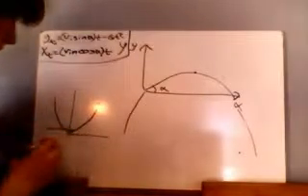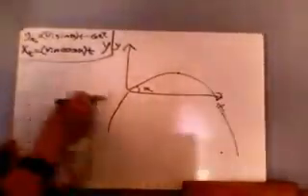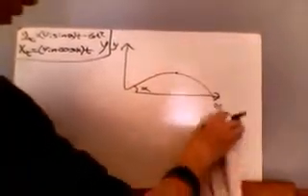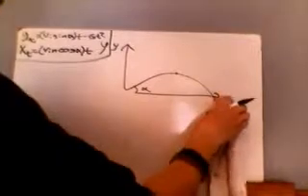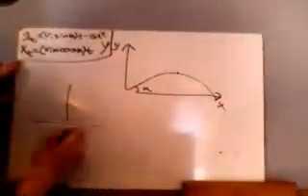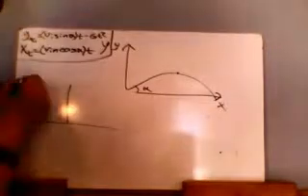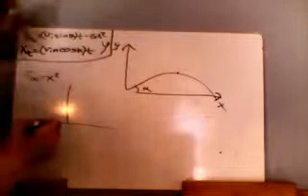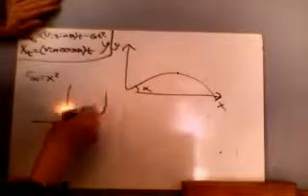I'm going to explain this a bit more in depth, just to prove to you that a parabola is symmetrical, regardless of what your parabola is. The ideal parabola is just f of x equals x squared, which would look something like that.